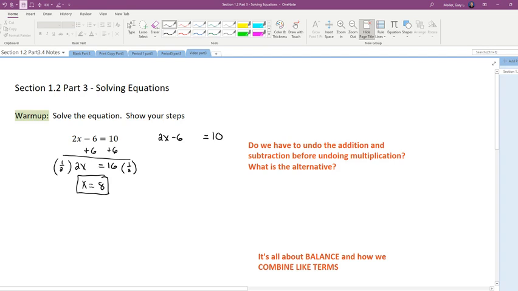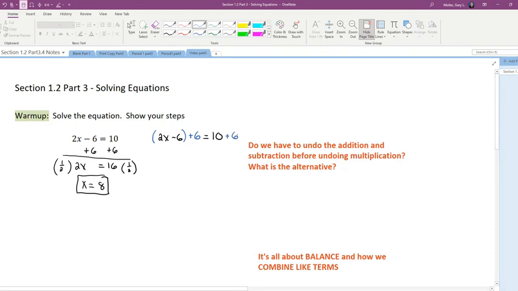So I'm going to write this out in a more inefficient way. What I'm really saying is, okay, on the left side of my scale is this 2x minus 6 thing, and I am going to add 6 to the entire left side of this problem. So I've changed the scale, right? It's now heavier. And so to balance it out, I'm going to have to add 6 to this side.